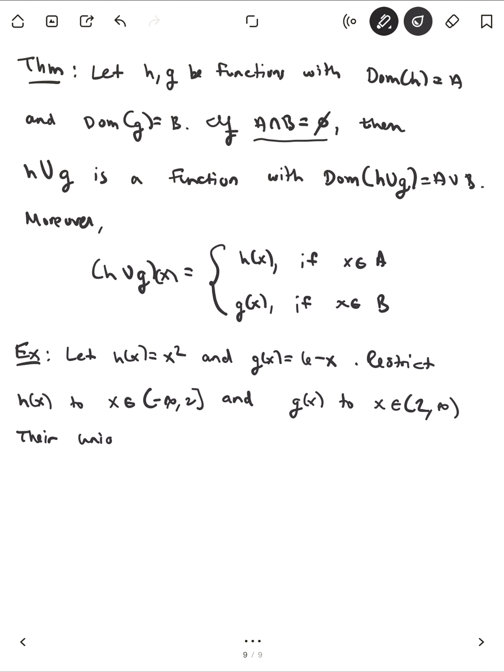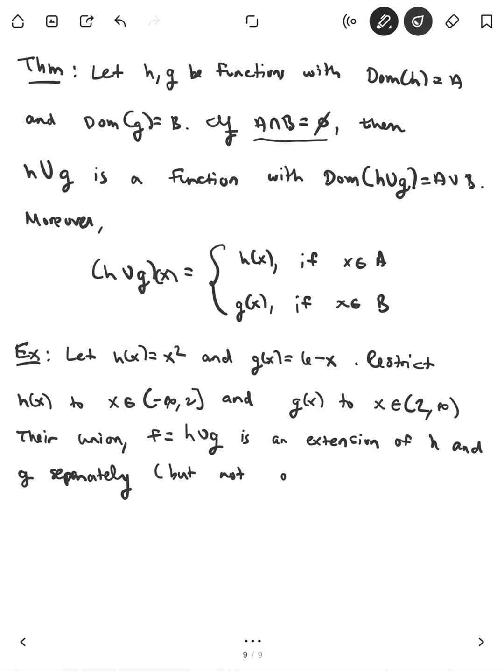Their union, F equals H union G, is an extension of H and G separately, but not of H union G. Sorry, actually, that's bad.